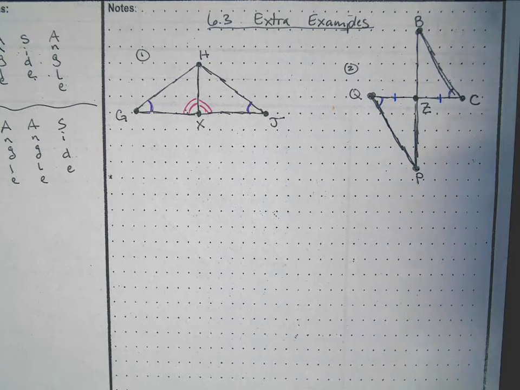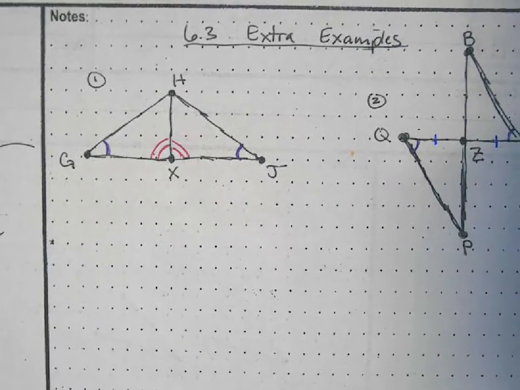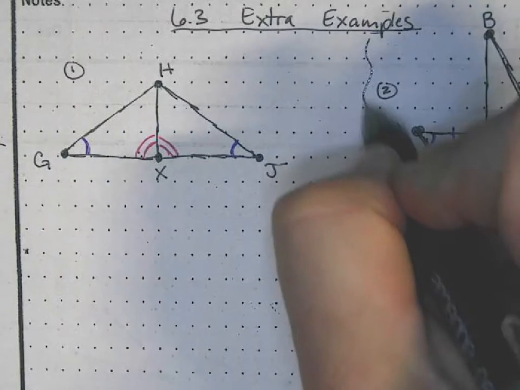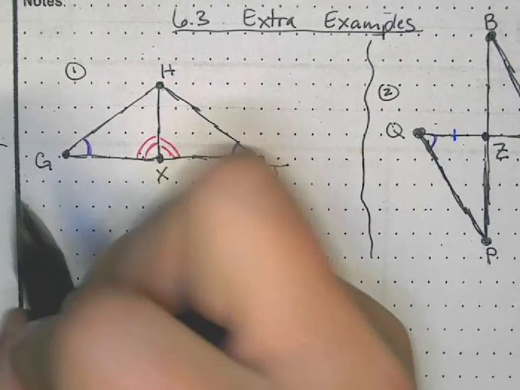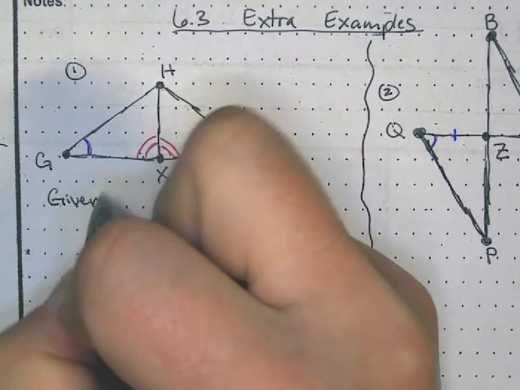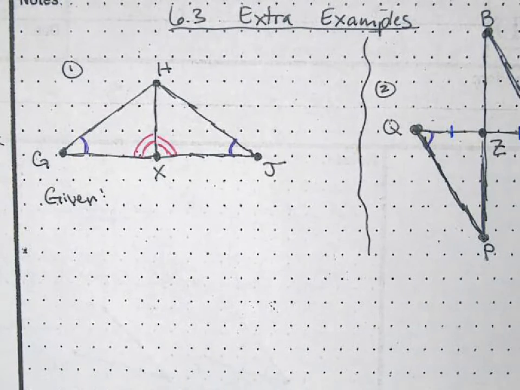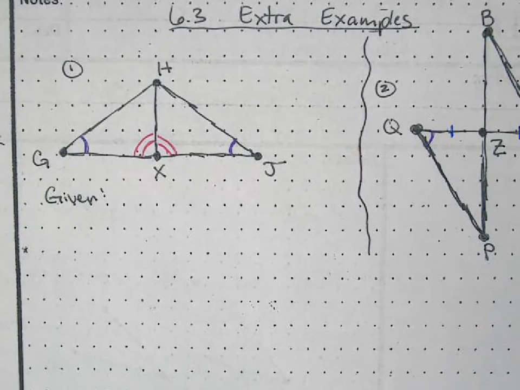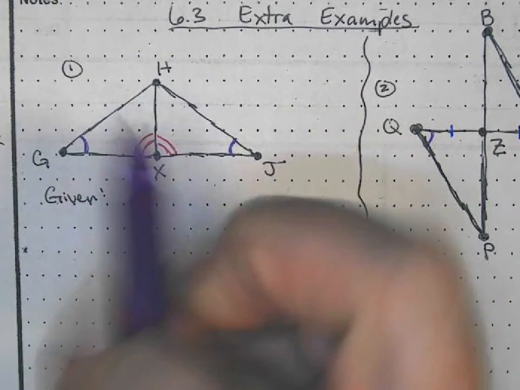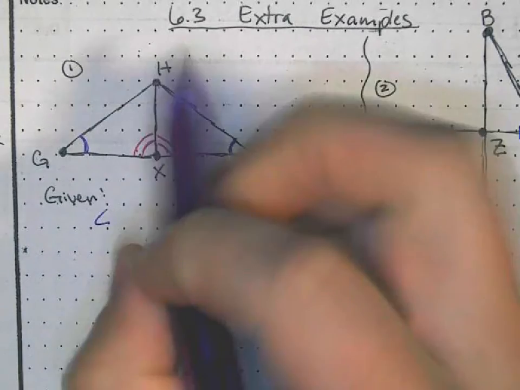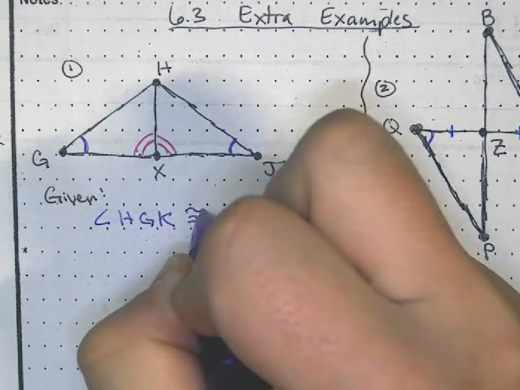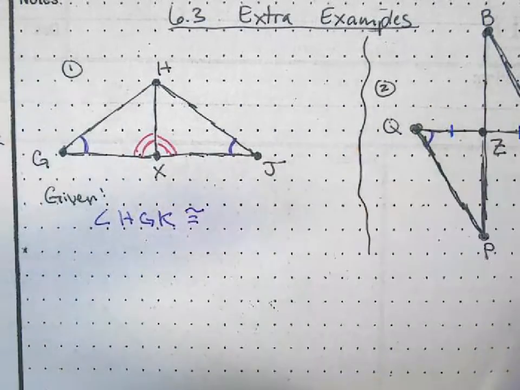Okay, so let's look at our first extra example first. So I'm given three things, and one of them is implied, and it's just like from the previous examples where not everything's going to be told to us, and we have to really be able to understand what's going on. So I'm given that the angles are congruent, so I'll say angle HGX is congruent to angle HJX.